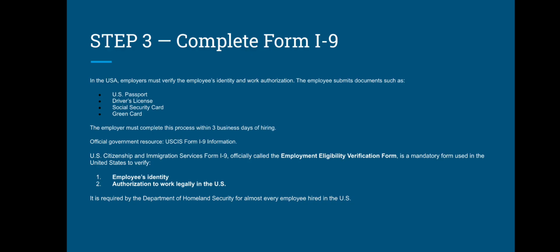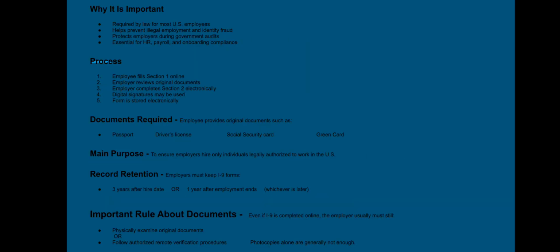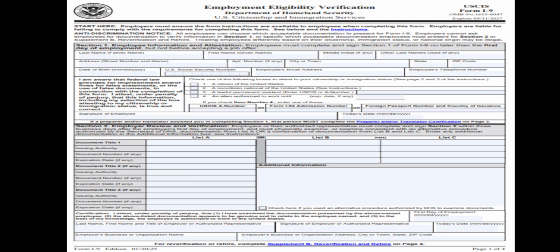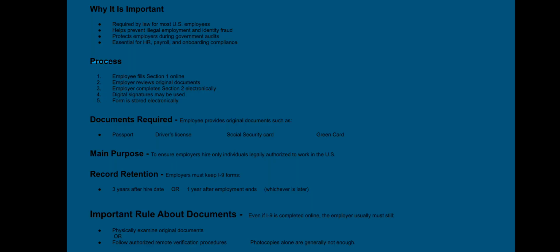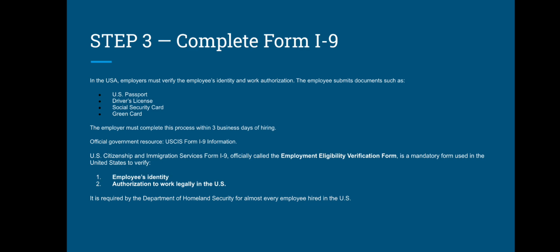Official government resource: USCIS Form I-9 information. This official government resource, you can search on Google and you will find the I-9 sample. And I have attached this I-9 form here as well in the same PPT, but here we will discuss first about I-9 and then I'll show you the I-9 form as well.